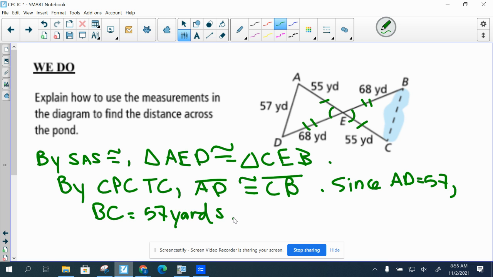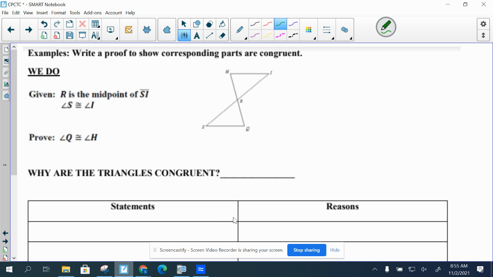All right, and then on to the next one. So we have two givens. We're going to put our givens on different lines. It says, why are the triangles congruent? So with the givens, go ahead and mark everything in your diagram that you can.